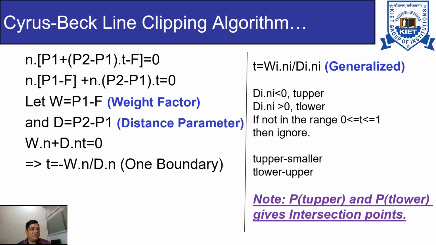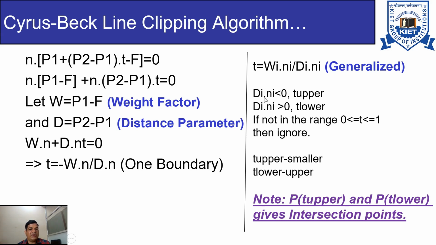Now substituting the values of W and D in this equation, we will get W · N + D · N t = 0, and the value of t is given as t = -(W · N) / (D · N), for one of the boundaries. So this equation can be generalized as t = -(Wi · Ni) / (Di · Ni).